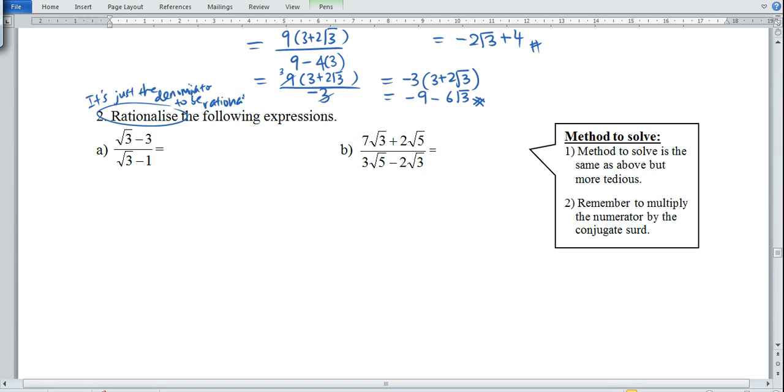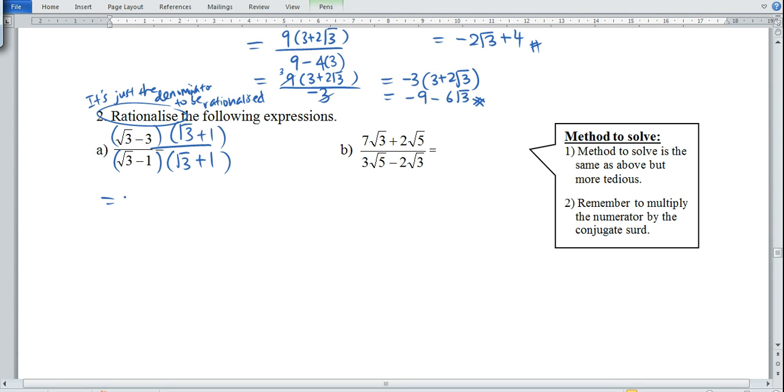So in this case, it's just the denominator that I have to take care of to make it rationalized. But the top cannot be neglected.